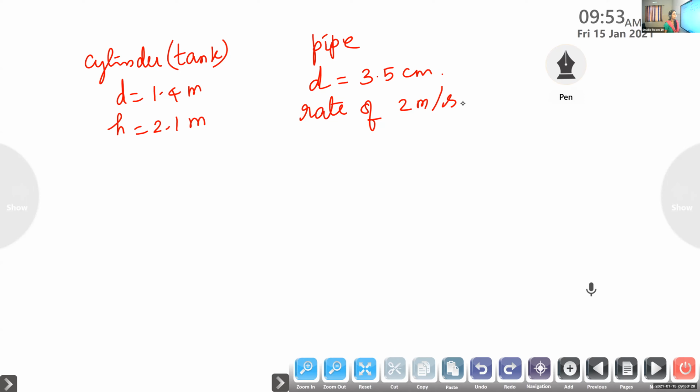Calculate the time taken to fill the tank.